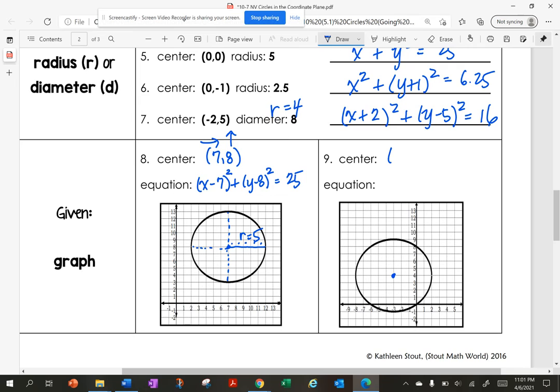This is at (-3, 4). Here's my center, and then my radius. 1, 2, 3, 4, 5. So the radius is also 5 on this one. This is going to be x plus 3 quantity squared plus y minus 4 quantity squared. 5 squared is 25.